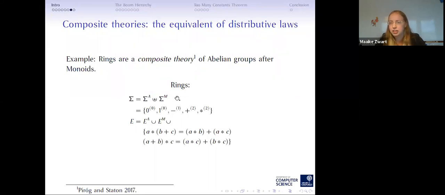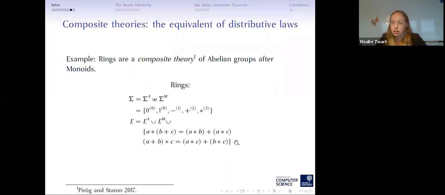So you build a composite theory by taking the signatures of both of the theories and taking the disjoint union of them. So here we have all of the operations from before, the two constants, the two binaries, and the unary operation. They form the signature of rings. And then the equations are the equations of abelian groups, the equations of monoids, and these two.